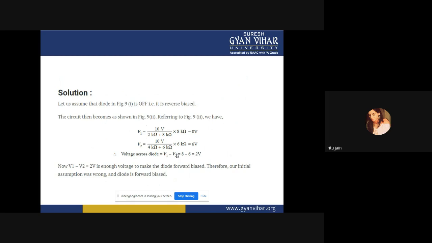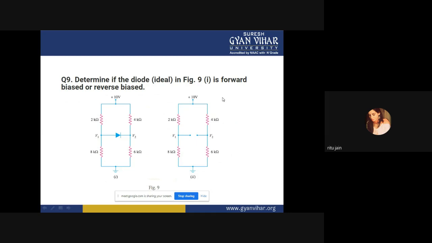Like this, you can also calculate the voltage V2. At this point, what is the voltage of this terminal? At this point, the voltage is 0, and at this point, the voltage is V2. So you have to find the voltage across this branch, in which this is V2.